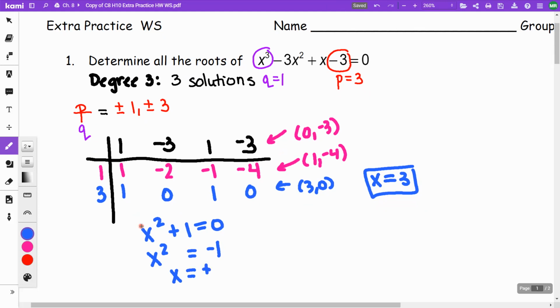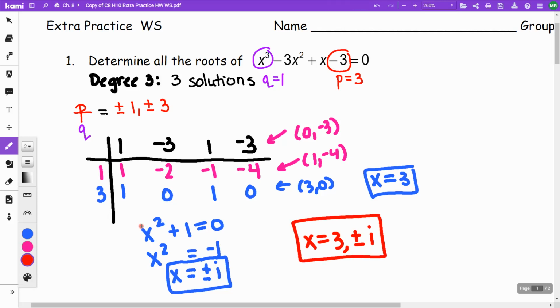I'm going to get a positive and negative. And when I take the square root of -1, I get i. So my 3 answers: x equals 3, x equals positive and negative i. Those are my 3 solutions. I never would have found those imaginary ones if I kept trying these values.